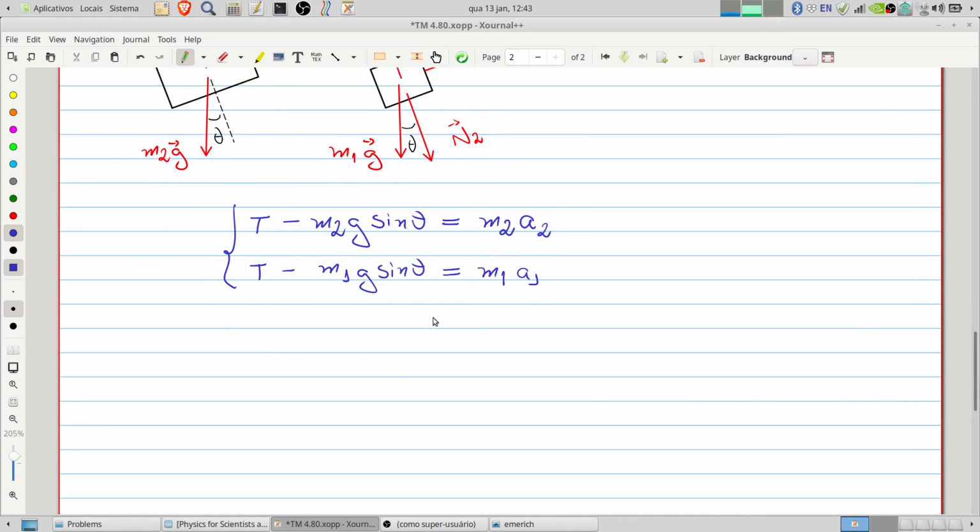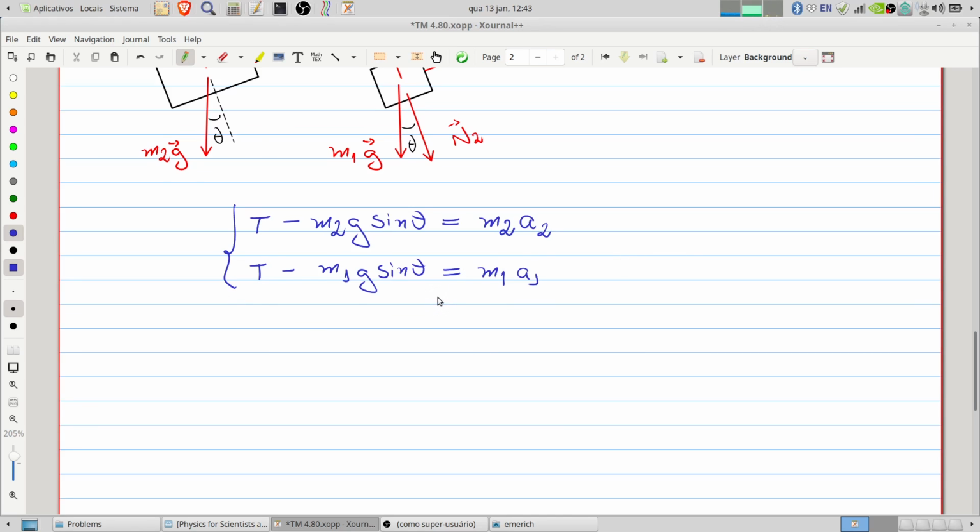Now we can subtract one equation from the other. It's only a matter of choice which one we will subtract.